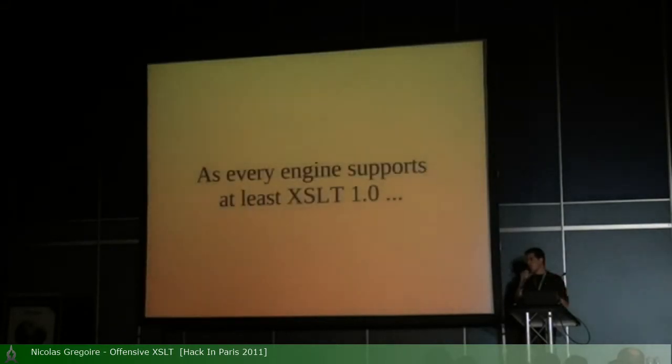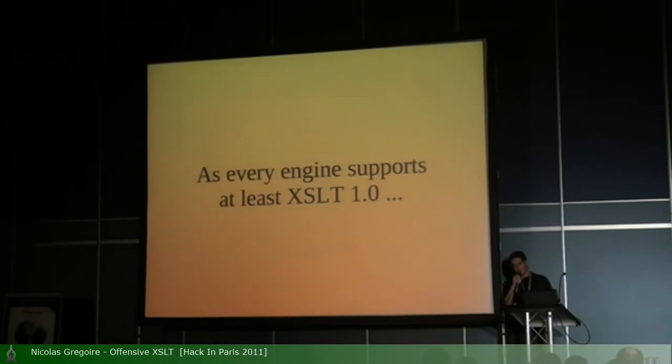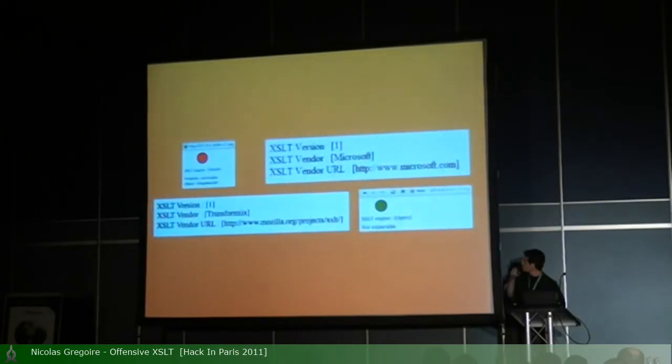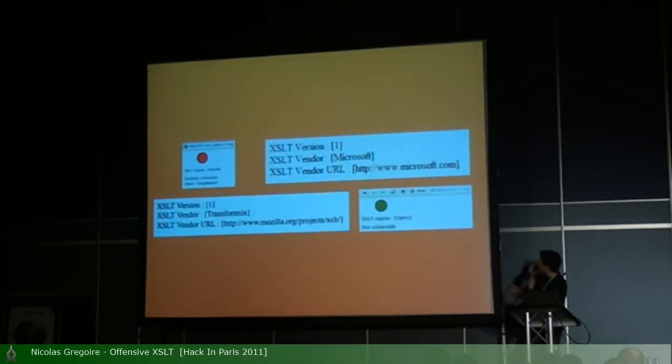As everybody supports XSLT 1.0, we know that we can fingerprint the engine. And here's some screenshots. So here's some HTML page, and here an SVG file, which will fingerprint the underlying engine.